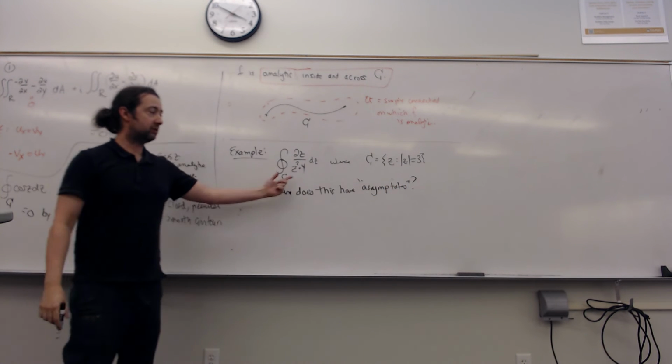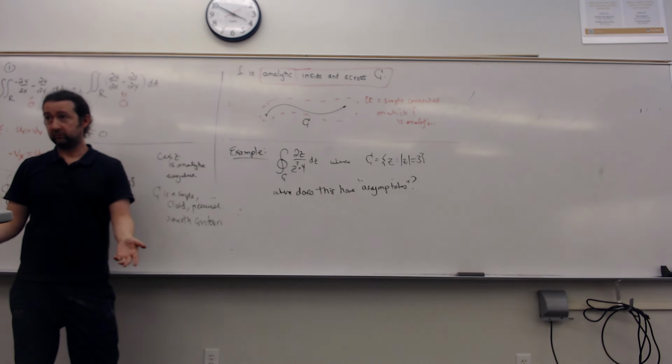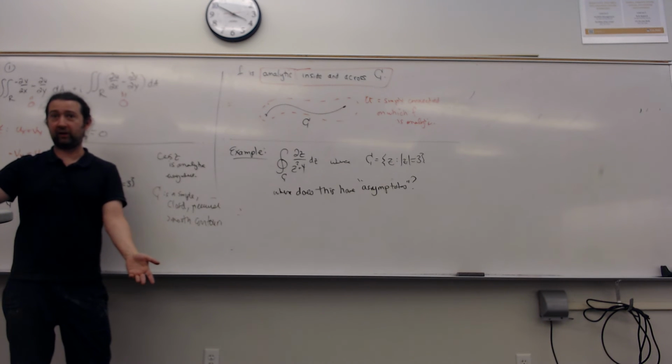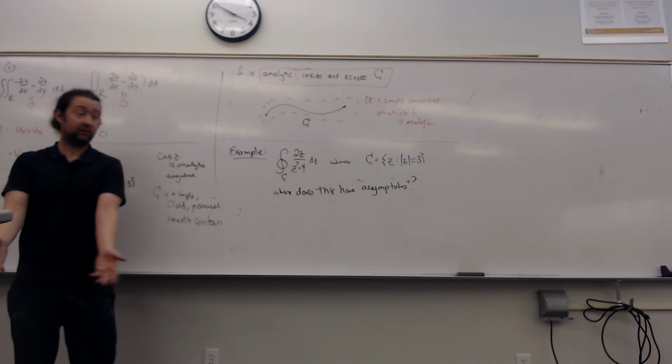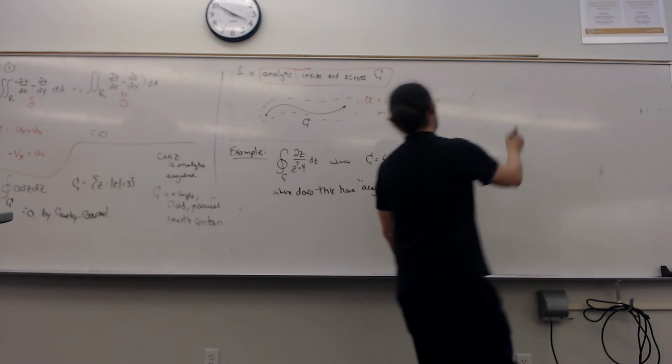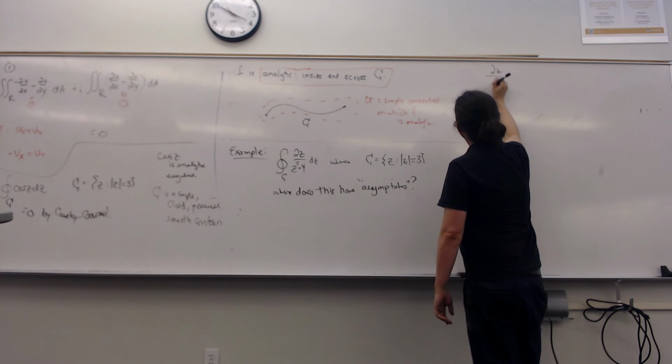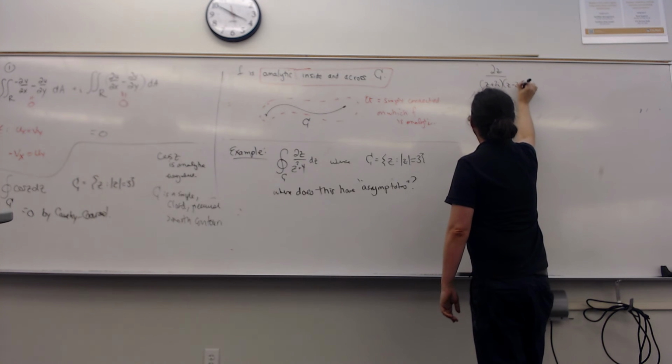And the answer is whenever z squared plus 4 is equal to 0. Where is z squared plus 4 equal to 0? Somebody said one of the places where it happens, 2i, and negative 2i. This function actually factors as 2z over z plus 2i times z minus 2i.